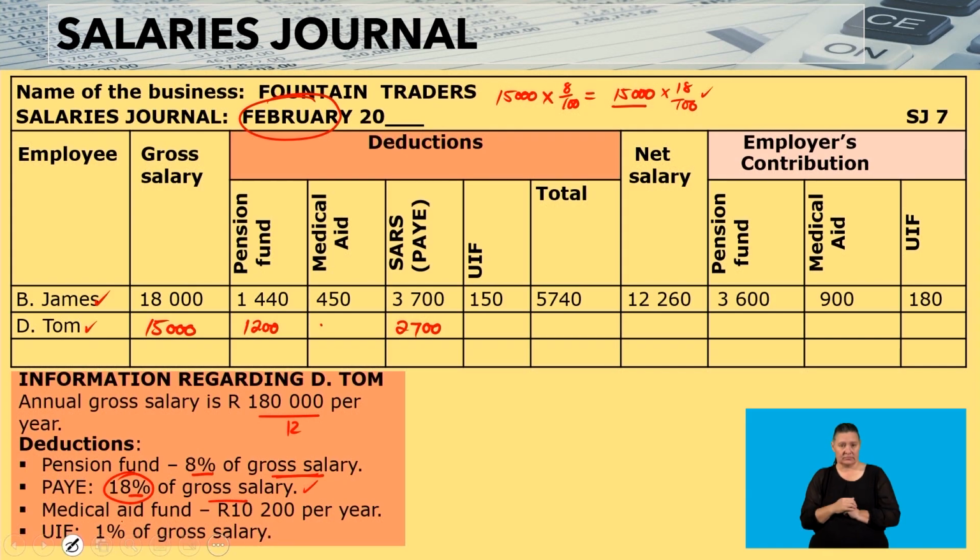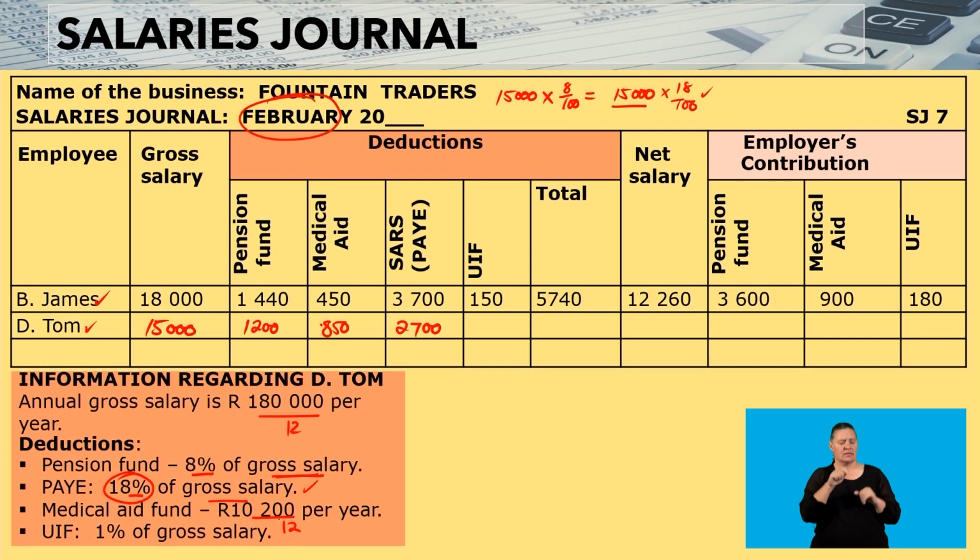The next one is medical aid fund. My medical aid fund is 10,200 per year. This is easy. I simply take now my 10,200, I divide it by 12. That will give me medical aid fund per month. And my medical aid fund per month becomes 850. How did I get 850?